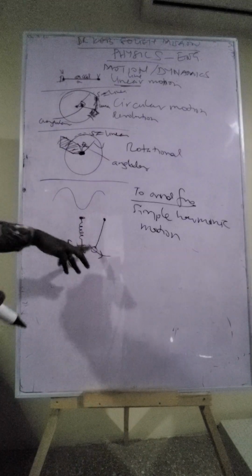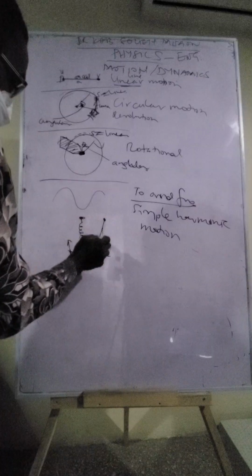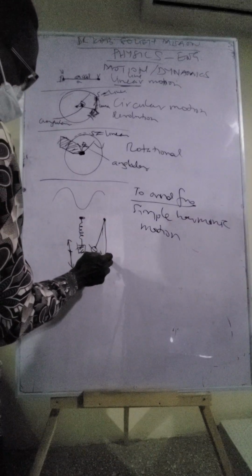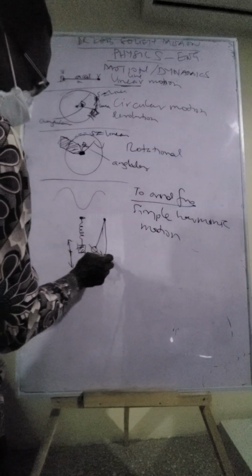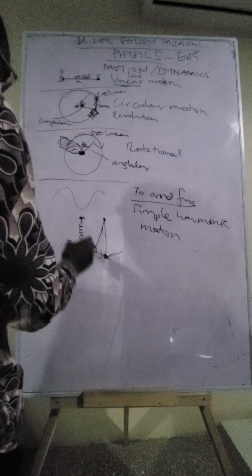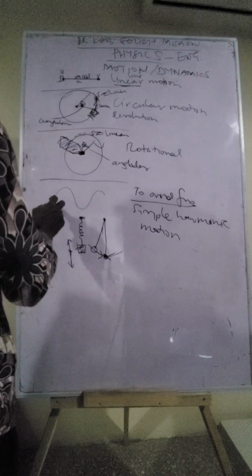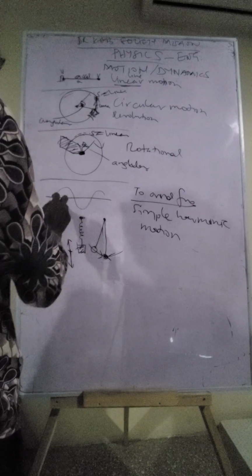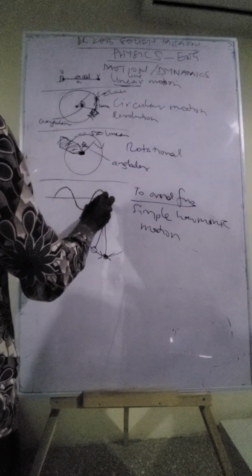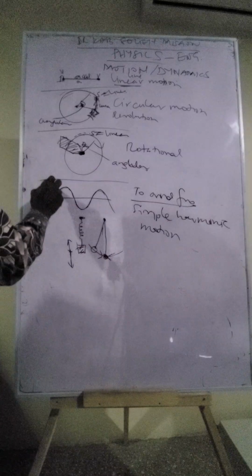Of course, these ones will be having the same thing. Assuming this is the part that gets to the lowest part. As it goes like that, it comes back. It goes and comes back. So this also, it goes up, comes down in the opposite direction, goes up, comes down in the opposite direction. Okay.